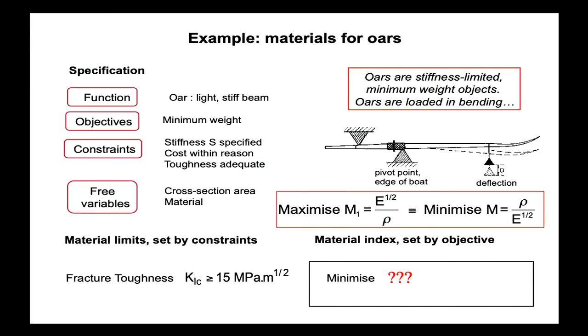Now, this box here says oars are stiffness limited. That is, how much flex or how much cantilever spring effect does the oar provide the rower? Now, I'm not an expert on rowing, but I do know there's an expectation that as the paddle goes into the water and the rower starts pushing on it, you're not going to get infinite stiffness. You don't want that.